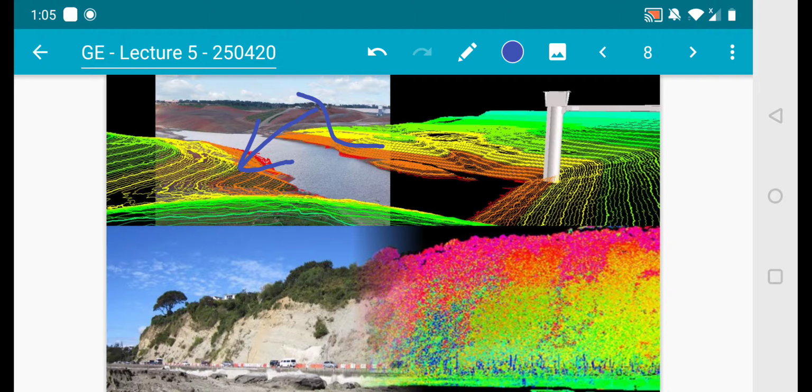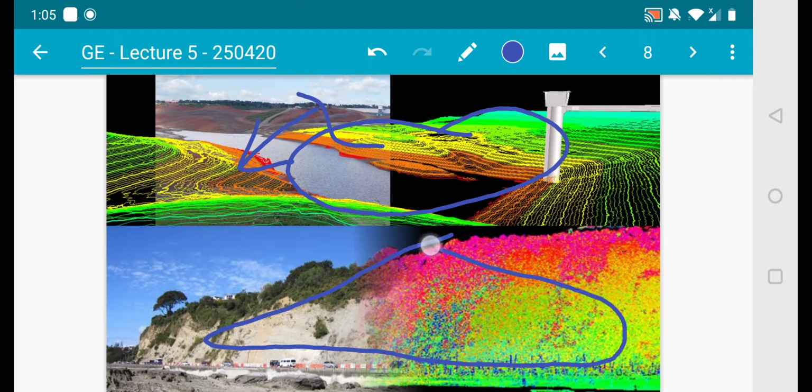You make some analysis and you get this contour with different colors. The other one is that the technology is able to show which area or soil is at high risk. If you look, there are different colors.